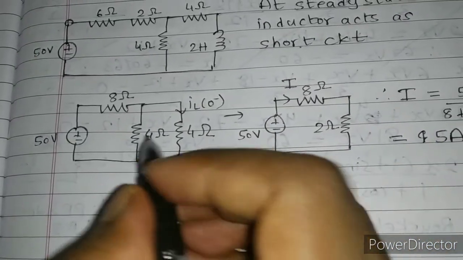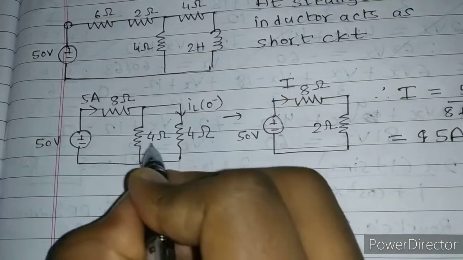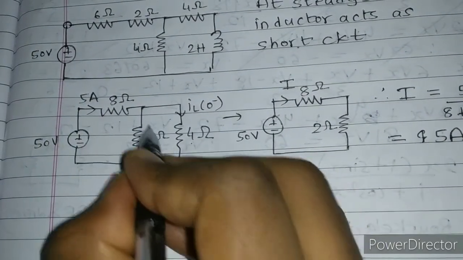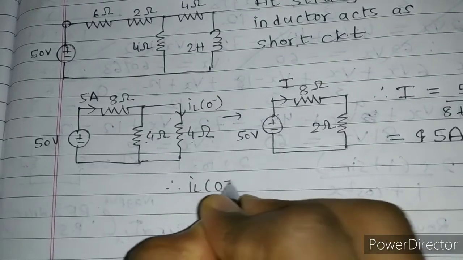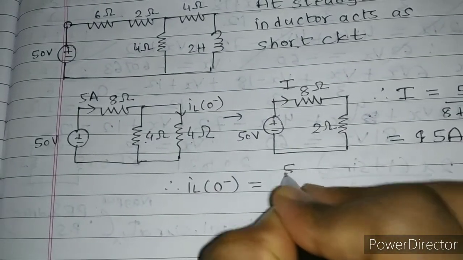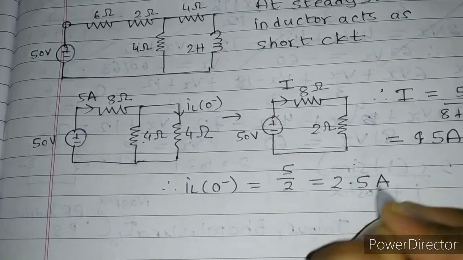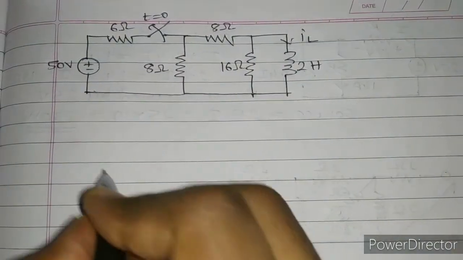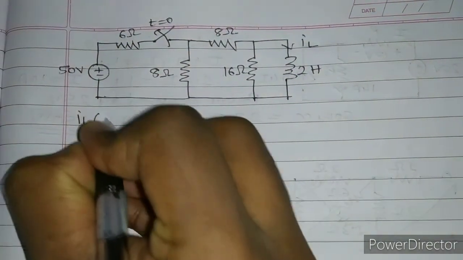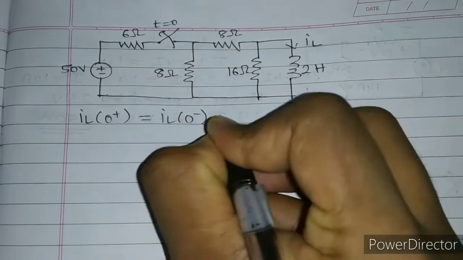So the total current flowing through the circuit is 5 ampere, and hence the total current is divided into two equal parts, 2.5 ampere through each 4 ohm resistor. So hence IL of 0 minus is equal to 5 by 2, that is 2.5 ampere. So now IL of 0 plus is equal to IL of 0 minus, which is 2.5 ampere.